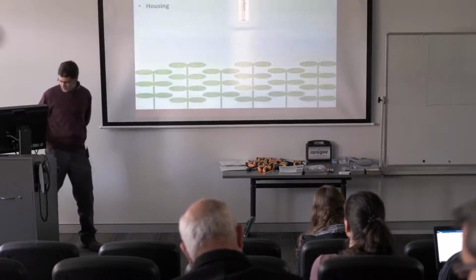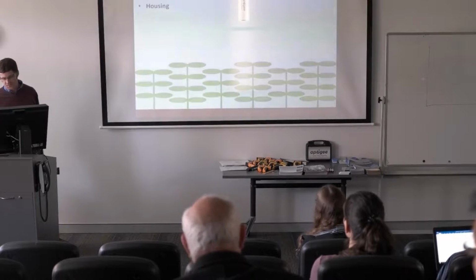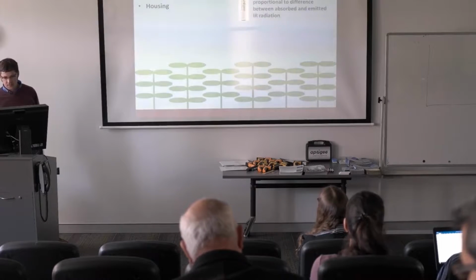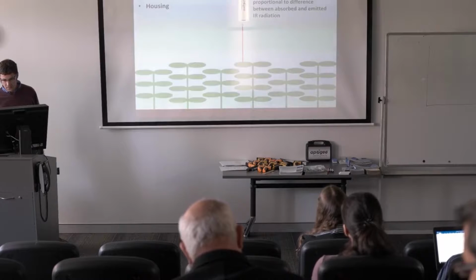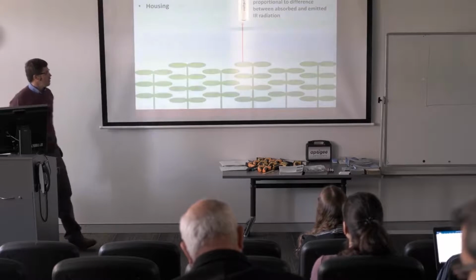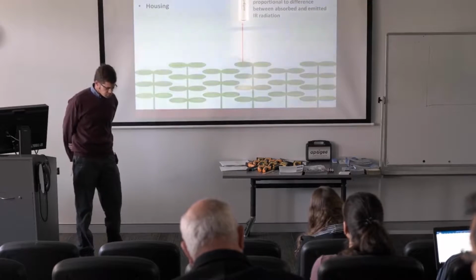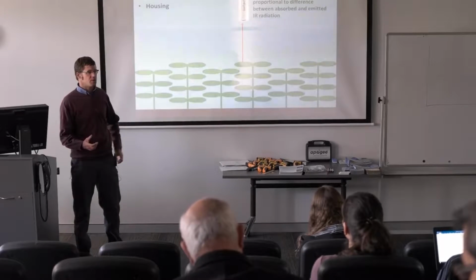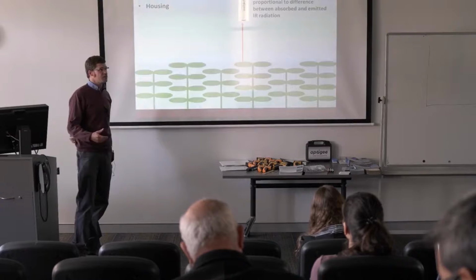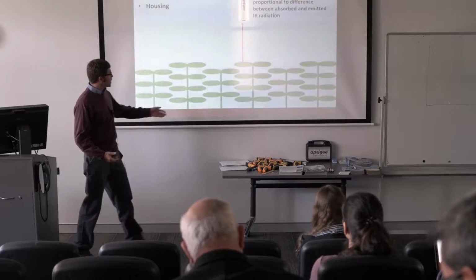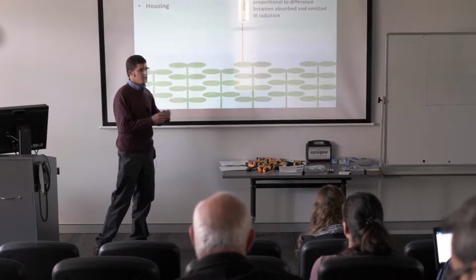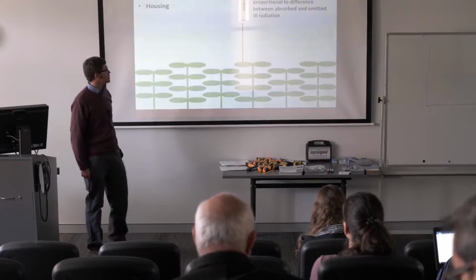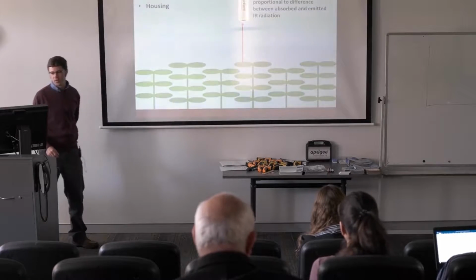And so the basic operation is as follows. We all know from physics that all objects that have a temperature above absolute zero emit infrared radiation. So whatever you point the sensor at is going to be emitting infrared radiation towards the sensor. In this case, it's a plant canopy.